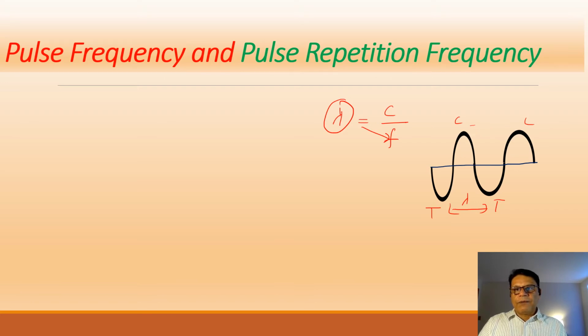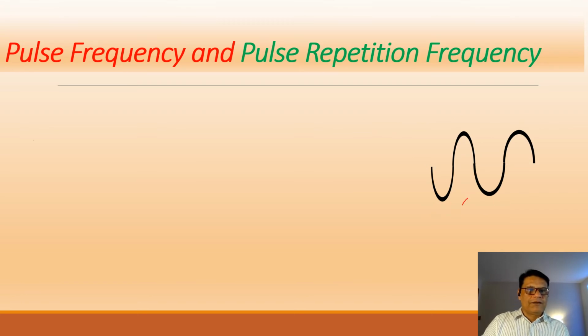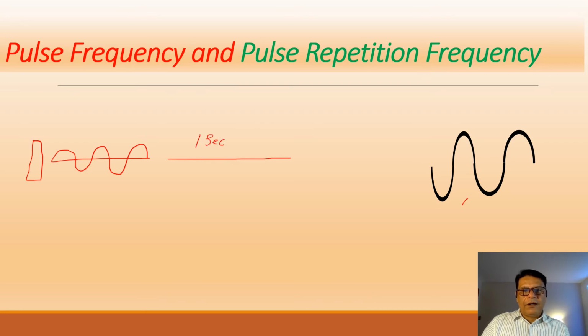So what is pulse repetition frequency? Pulse repetition frequency is very easy. Suppose here is a transducer and it produces a 2-cycle pulse, and after 1 second it repeats its process and again produces a pulse.